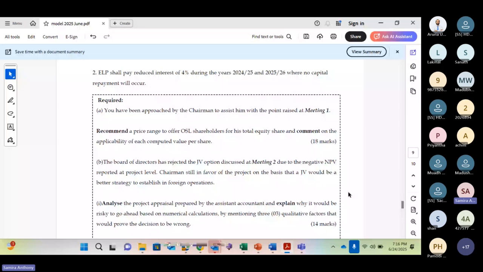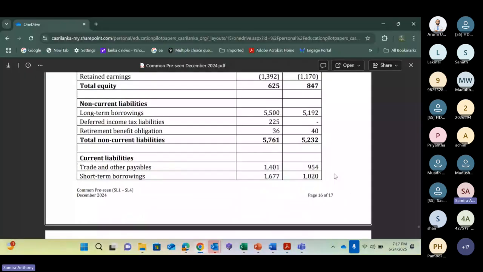Going back to the pre-seen, this is the Ocean Shipping Line balance sheet: property, plant and equipment, capital work in progress, investment in associate, financial asset, deferred income tax, then current assets, equity, non-current liabilities, and current liabilities.